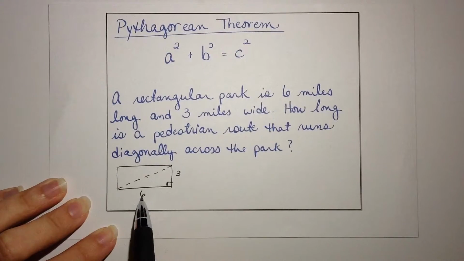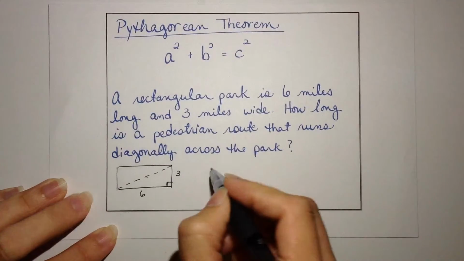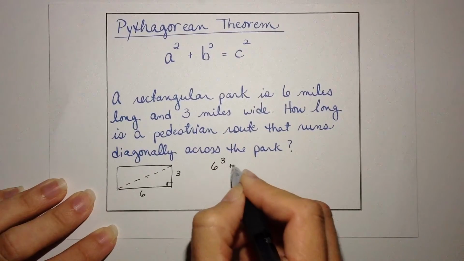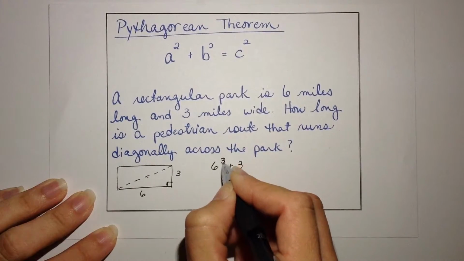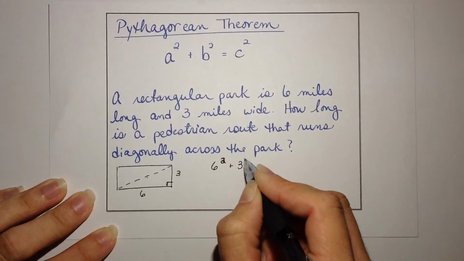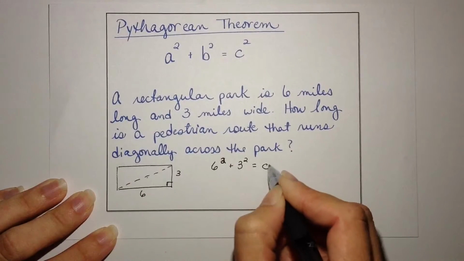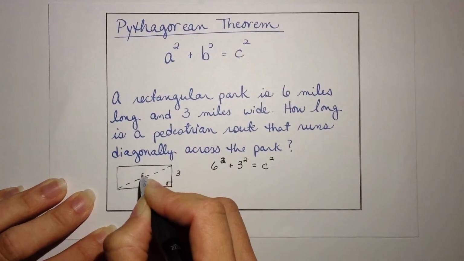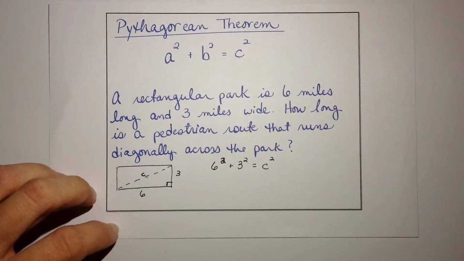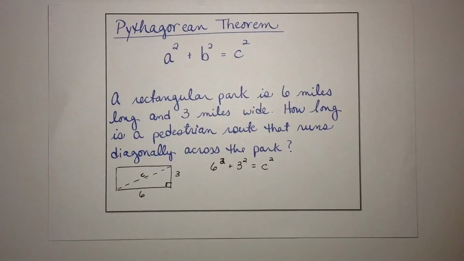So I'm just going to let this be A and let this be B. So I would have 6 squared plus 3 squared is equal to C squared. So this is the C. Okay, so if I do the 6 squared plus the 3 squared, that will give me 45.